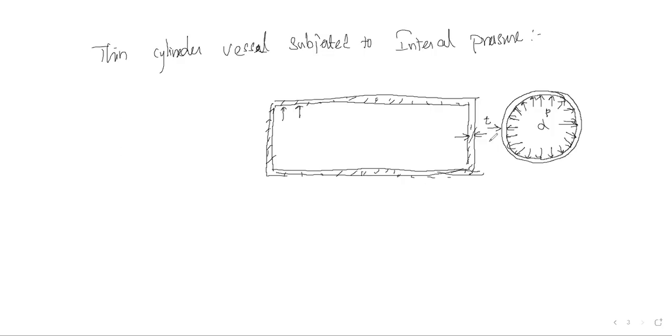This is the wall thickness t, and the pressure is going to act in the cross-sectional details and also in the longitudinal section.